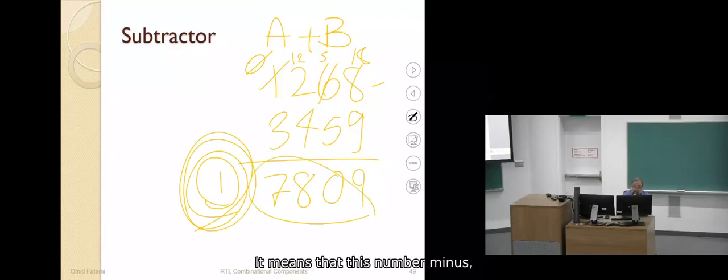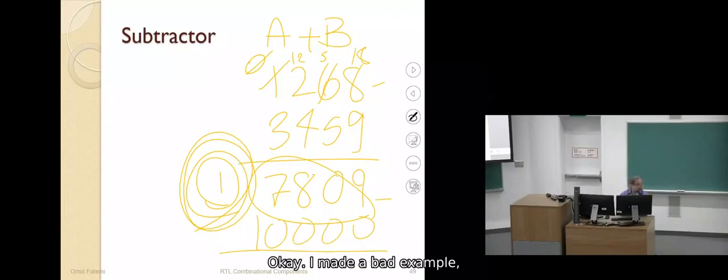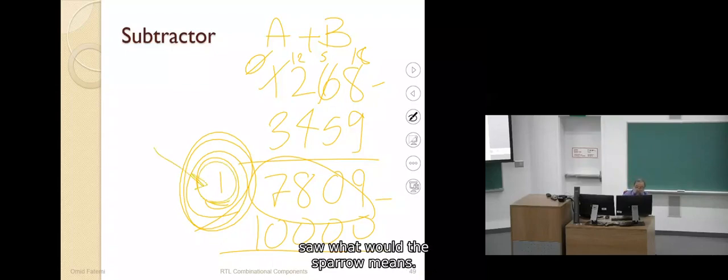So it means that this number minus, because we borrowed, minus 10,000 is the result. So actually that number is the negative of the result, the complement of the result. You can do that. So if you do that, you see that the result would be something around minus 2,000 something. Okay, I made a bad example, but that's good, because you saw what this borrow means, and it means that number should be complemented, should be negated.